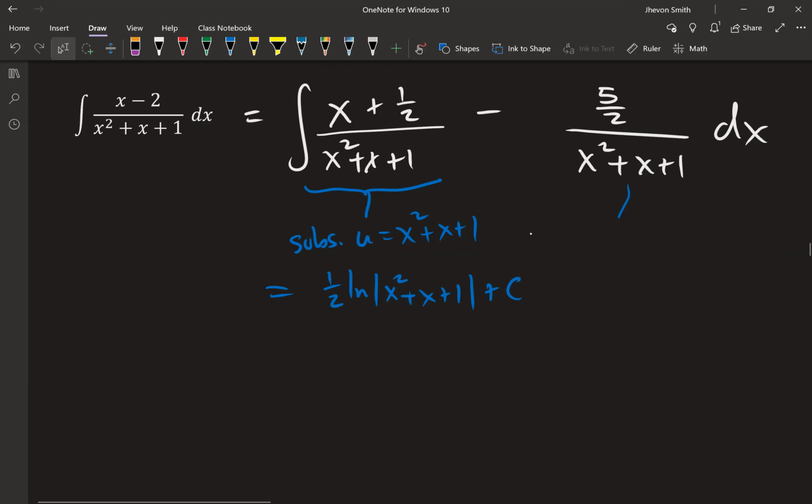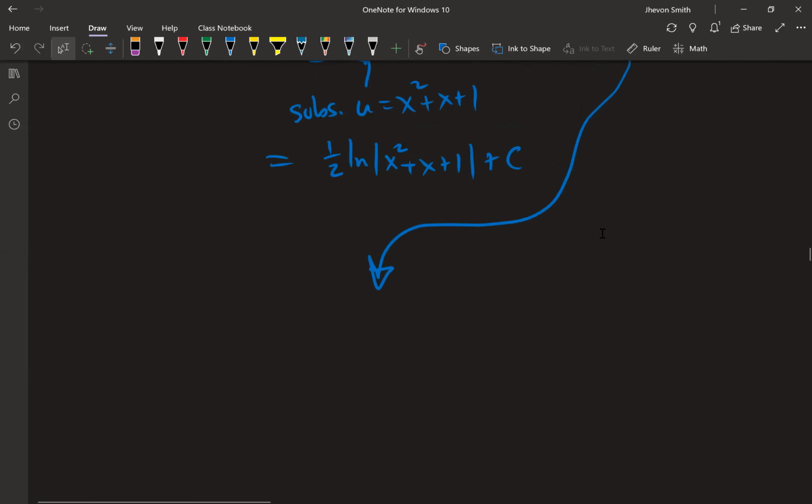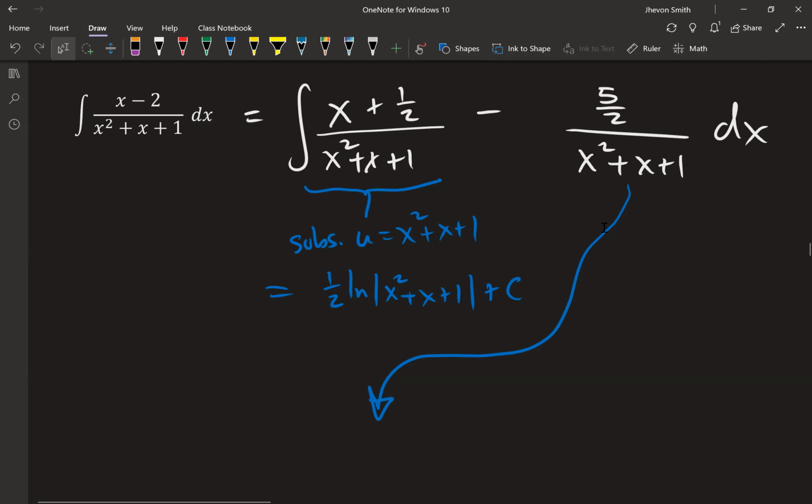Now for this side right here, now it's when I start thinking, oh, let me try to complete the square. Remember, the easiest way to actually break things up is to introduce what you want and then correct for it later, right? So I know I wanted x plus a half.